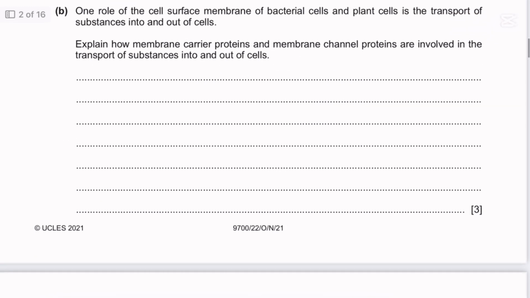One role of the cell surface membrane of bacterial cells and plant cells is the transport of substances into and out of cells. Explain how the membrane carrier proteins and channel proteins are involved in transport of substances into and out of the cell. Very simple. We know that the transport of substances in proteins is going to obviously be hydrophilic polar substances, ionic materials that are not capable of passing through the hydrophobic core of the plasma membrane.